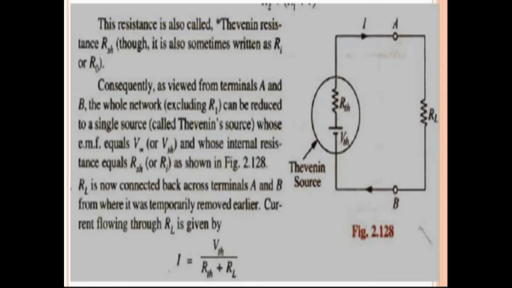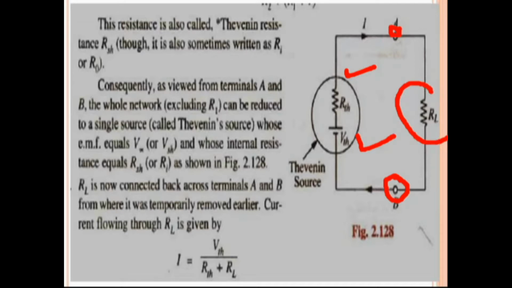So this is the slide. Here you can see, guys, this is the Thevenin's voltage VTH, and this is the Thevenin's resistance. Both are connected in series, and these are the two terminals A and B across which load resistance RL is connected.